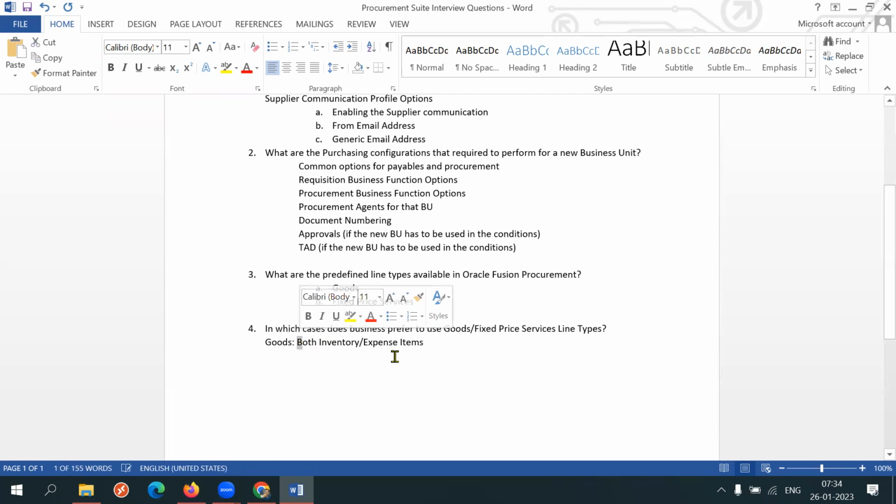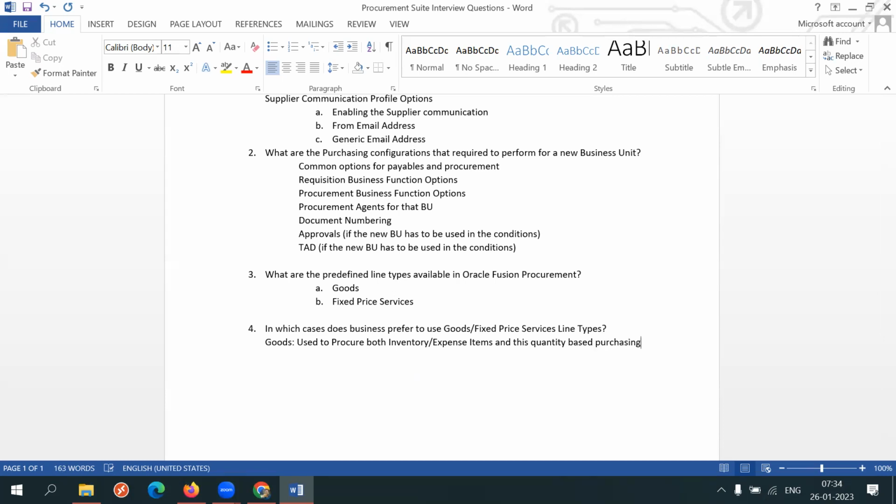Okay. Use it to procure both inventory and expense items. Both inventory and expense items, and this is quantity based purchasing.